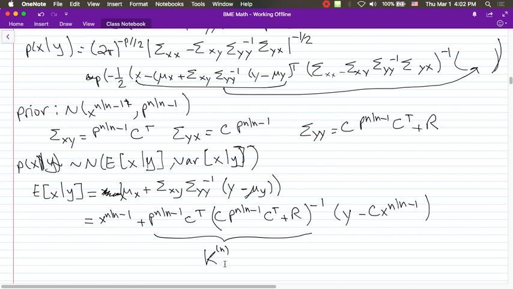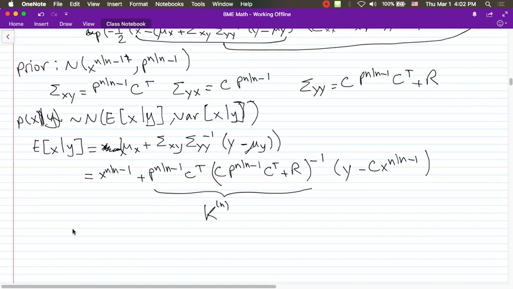That's a beautiful thing. So what was the Kalman gain? It was the ratio of your prior uncertainty to your measurement noise. Here's the variance of your observation, and here's the prior. It's the covariance times the inverse of the variance. All right, that's the expected value.